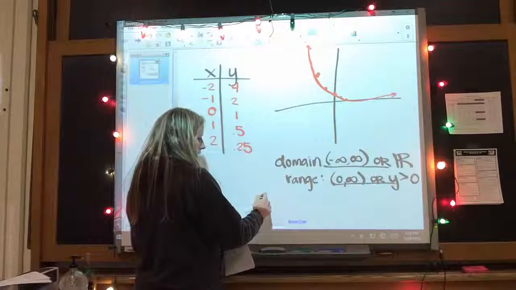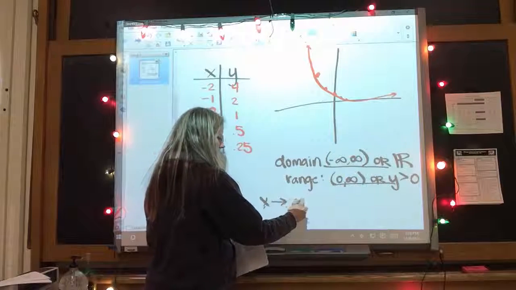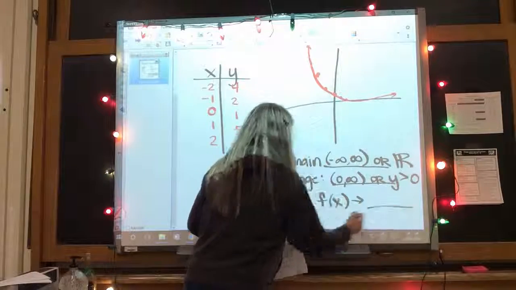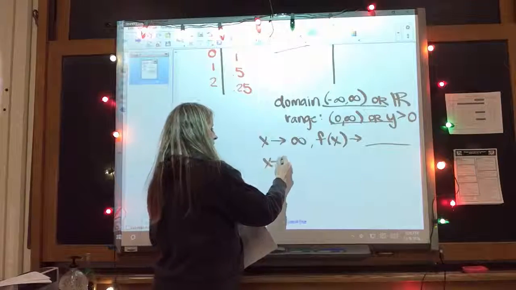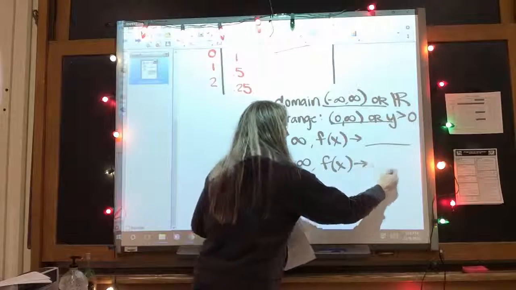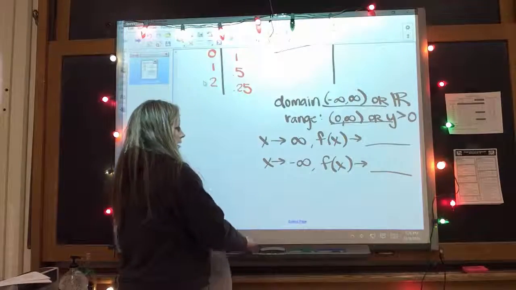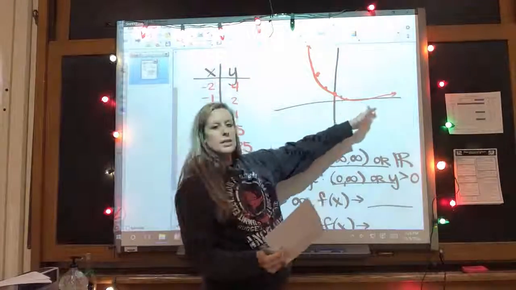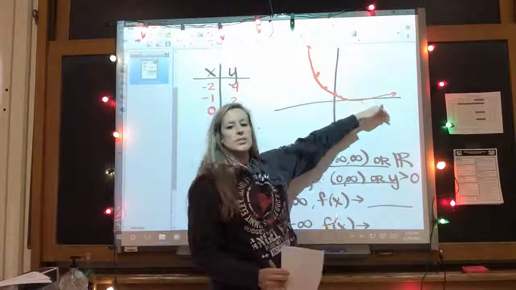For your end behavior, as x approaches +infinity, we want to figure out what the y approaches. And as x approaches -infinity, what does my y approach? Okay, so look at your graph. As x gets bigger, this time my y approaches 0.